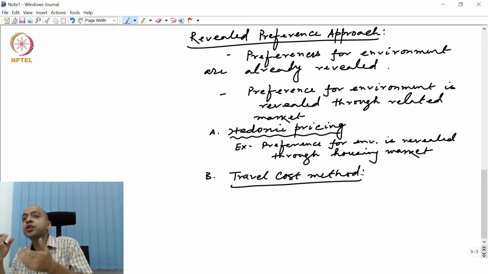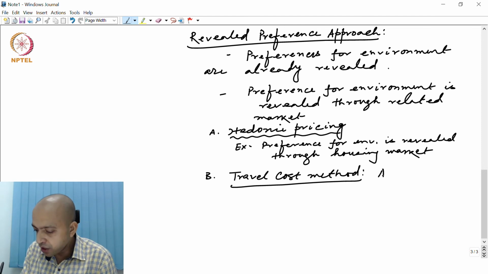This much of money you are spending to enjoy the environment, to enjoy the natural beauties of the environment. And that basically shows how much money you spend to enjoy a specific environmental location, a location with natural beauty. That shows individuals preference for environment.